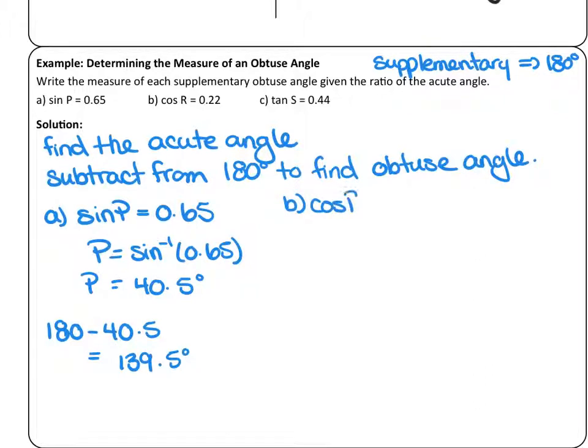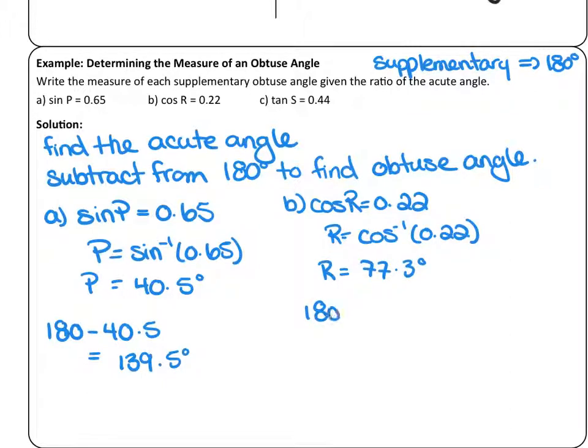Same thing. We will do the inverse. This is R. So I get that R is 77.3 degrees. And again, just subtract that from 180, which gives 102.7.